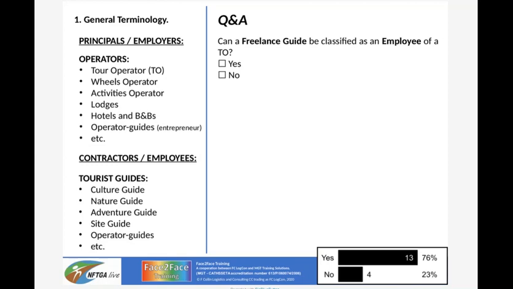Now, that has been queried. At NFTGA, we've taken it up with the Department of Tourism and asked them to relook. And what they've done is they've asked guides to send them one email, not many emails, stating the case, and they have resubmitted this to UIF, to the Department of Labor. And the reason for this is that in some cases, guides worked for an employer long ago who registered them for UIF.